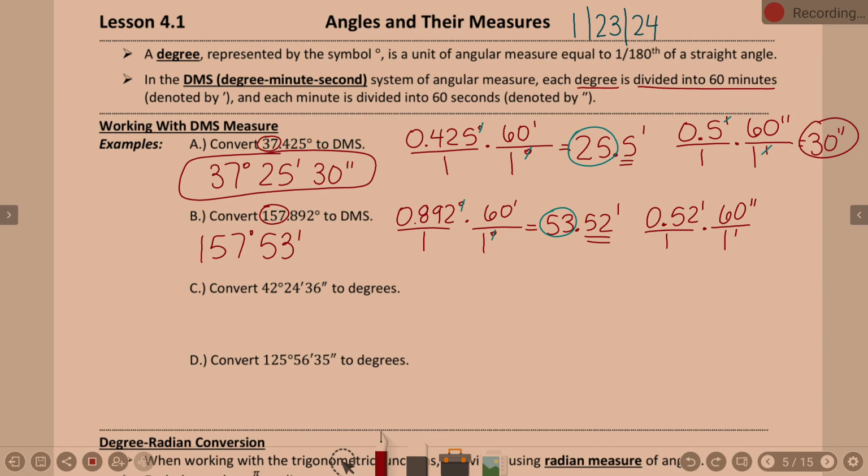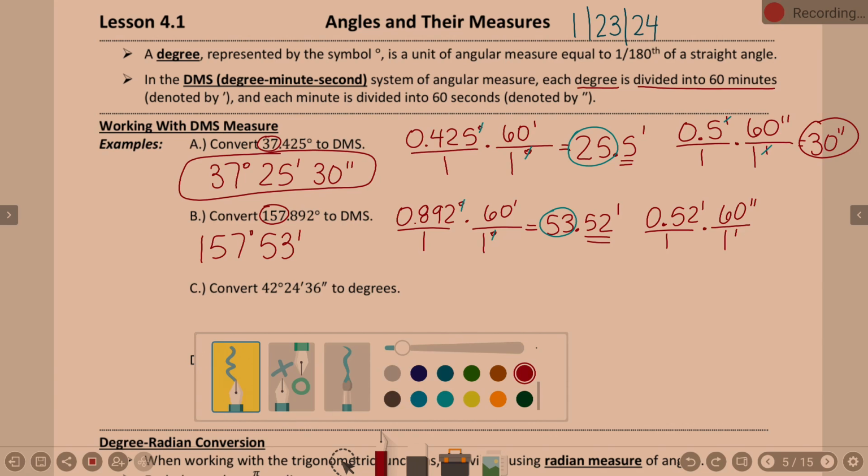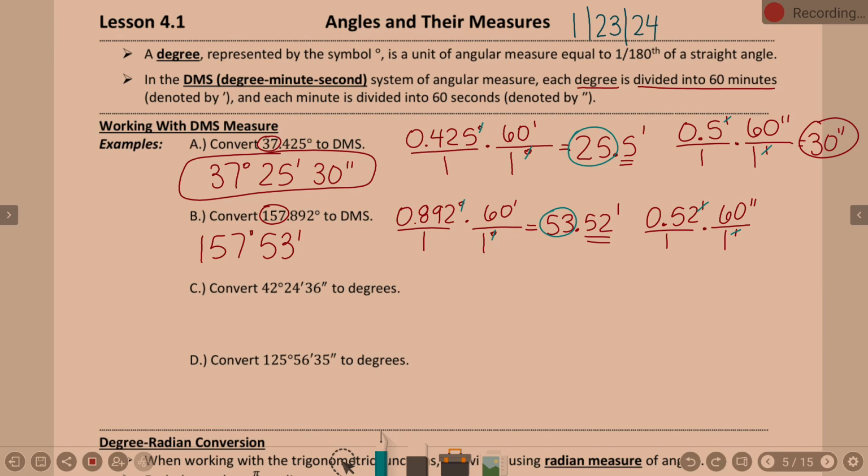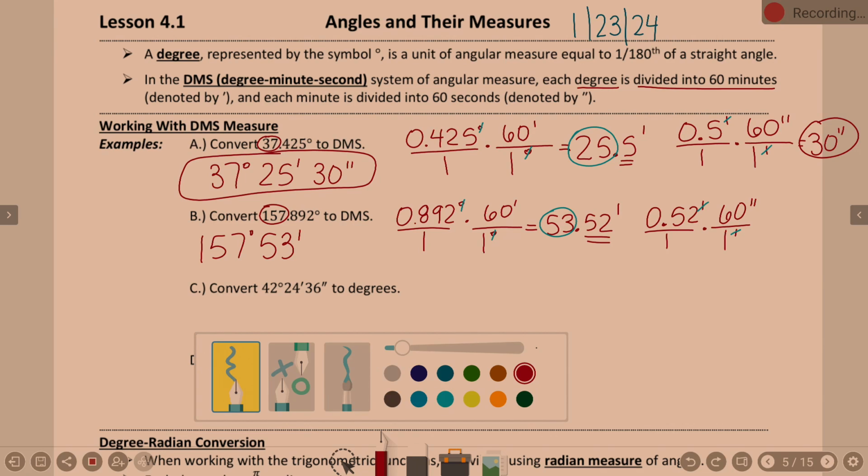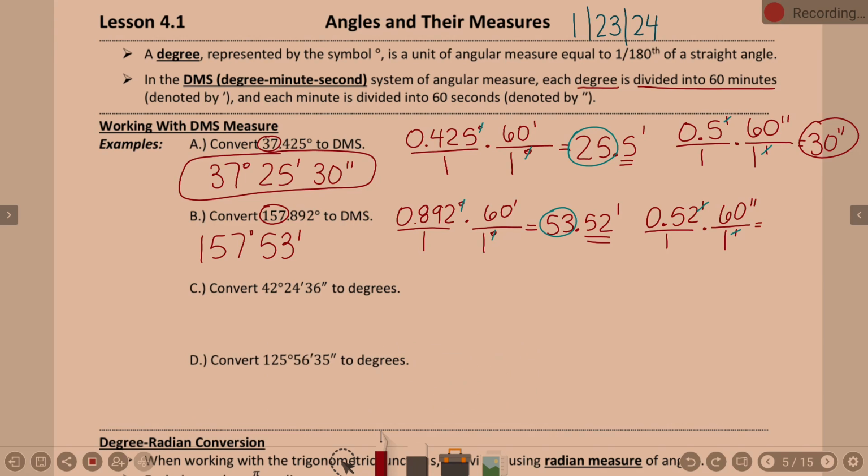Put 60 over 1 because we want the minutes label to cancel out. So we cancel the minutes label out. We're now at seconds. 0.52 times 60 is 31.2, and that would be seconds is where I was going with that.